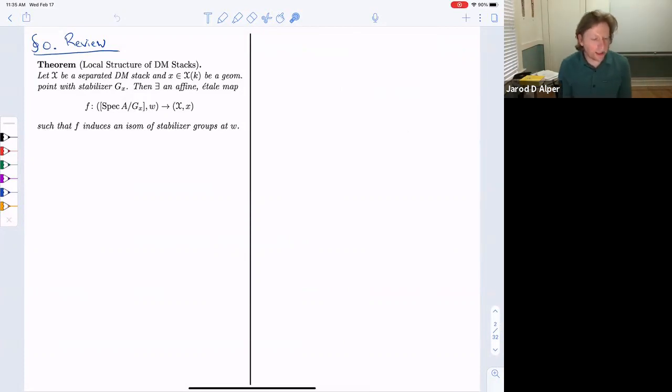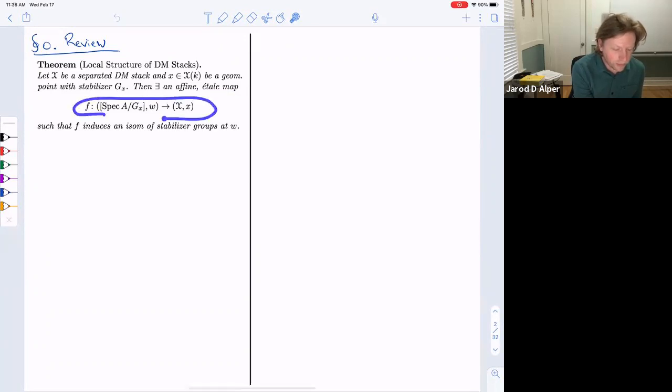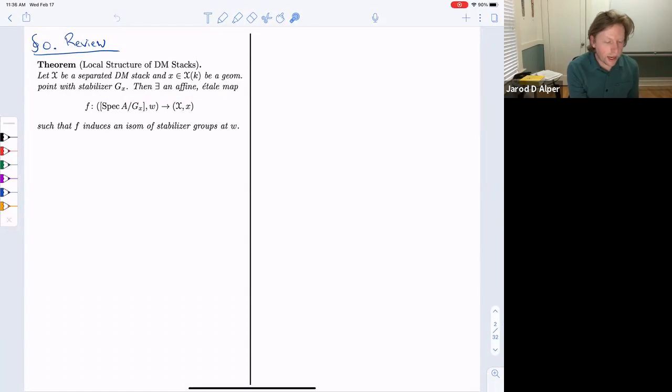This was the theorem that we established last time, that if you have a separated Deligne-Mumford stack and a geometric point, so a point defined over an algebraically closed field K, then there's a morphism that's affine étale from a quotient stack of the action of the stabilizer group scheme on an affine scheme, and moreover it induces an isomorphism of stabilizer groups at the given preimage W of X. Right, that's about all I'll say for review.